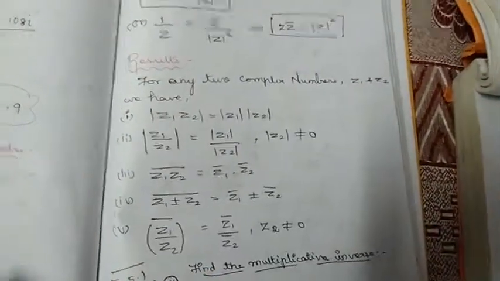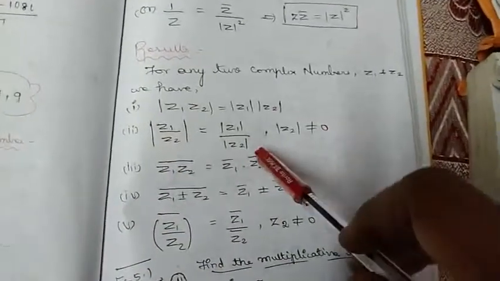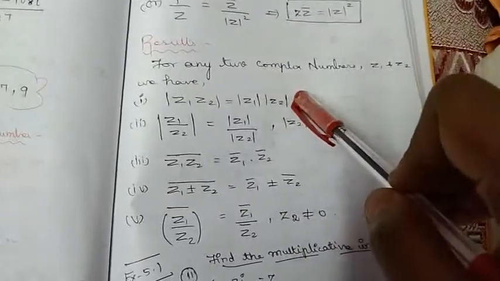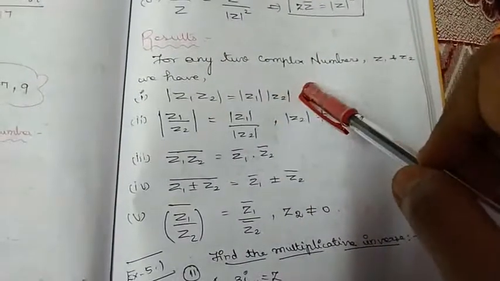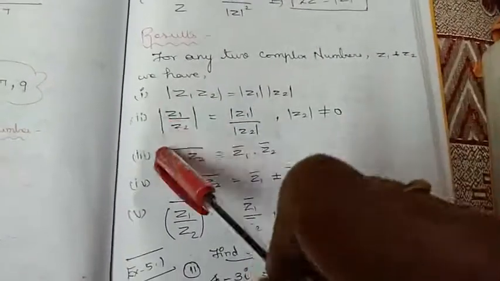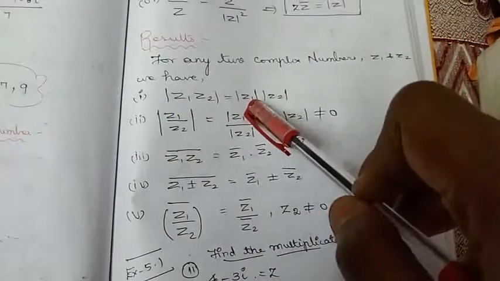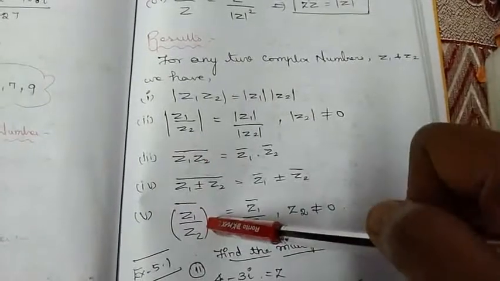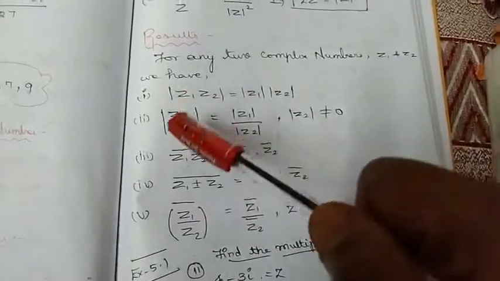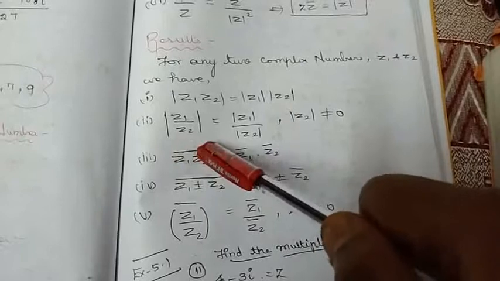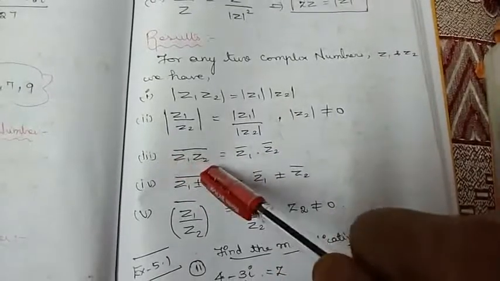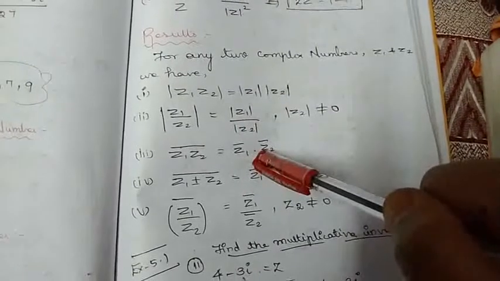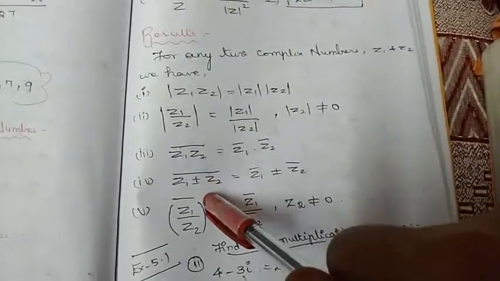Then we are going to extend the remaining results for the modulus. The modulus of the product of two complex numbers is like multiplying their moduli separately. Both are same. Then modulus of Z1 by Z2 is same as modulus of Z1 divided by modulus of Z2. Similarly, it is true for the conjugates as well. Z1 Z2 the whole bar: the conjugate of the product of two complex numbers is same as taking the conjugates and then multiplying. And it is true for addition, subtraction and division.